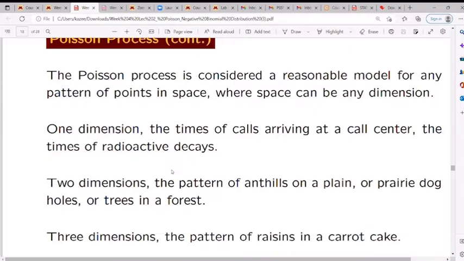The times of calls arriving at a call center follow a Poisson process, because calls arrive at random. You get what I mean? And not only that, what about customers arriving at a public place? What about the times of radioactive decays?